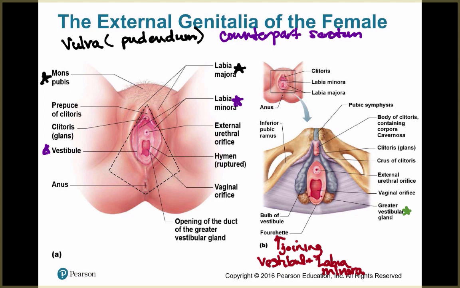This is homologous to the bulbourethral gland. Basically, this gland helps to release mucus into the vestibule for lubrication.